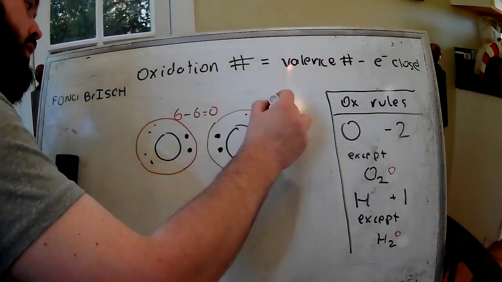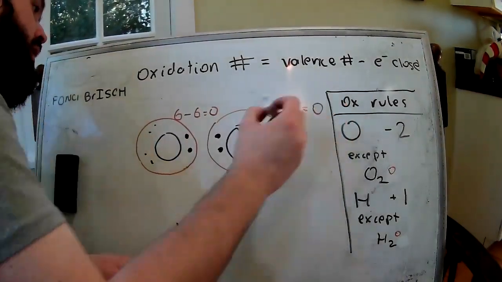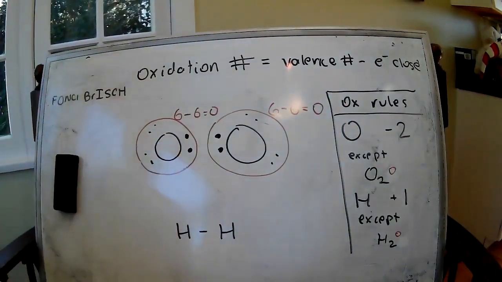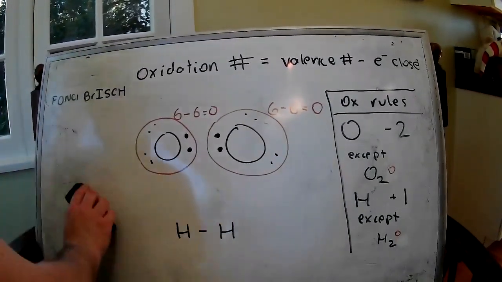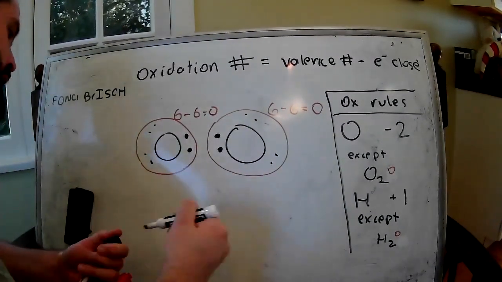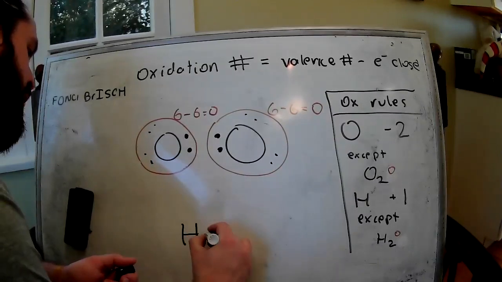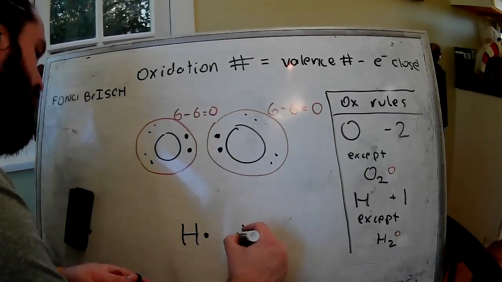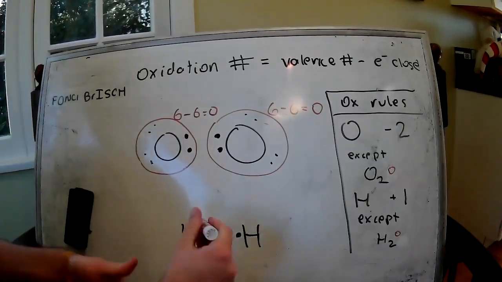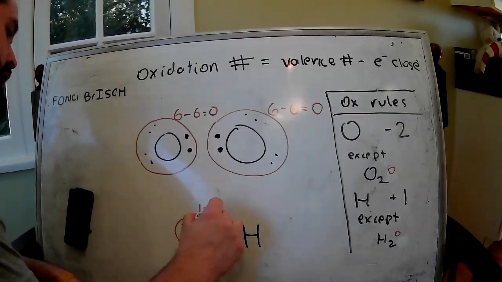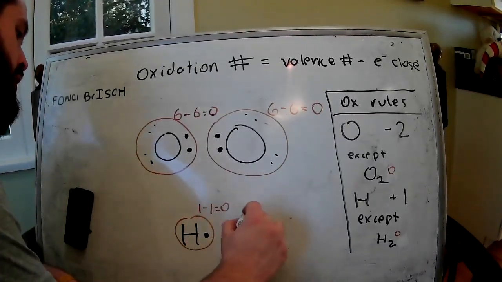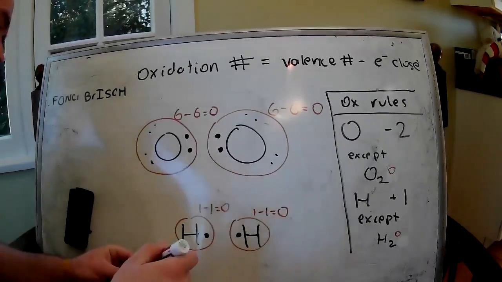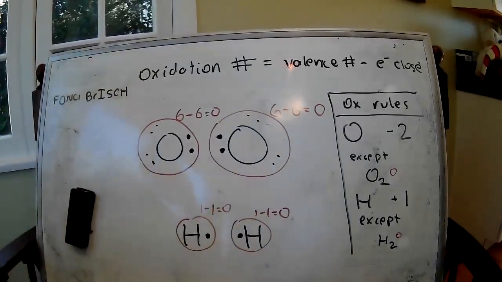And likewise, 6 minus 6 is 0. So we can see why that's an exception now. And then we break up that bond between the hydrogens evenly because it is non-polar. We can go ahead and say 1 minus 1 equals 0 and 1 minus 1 equals 0. So here's where those exceptions are coming from.